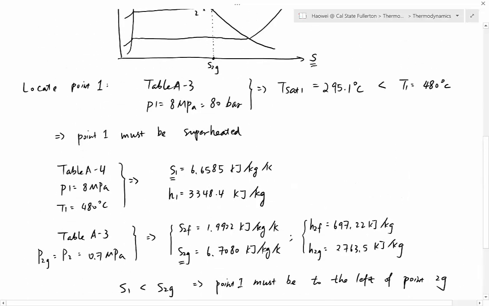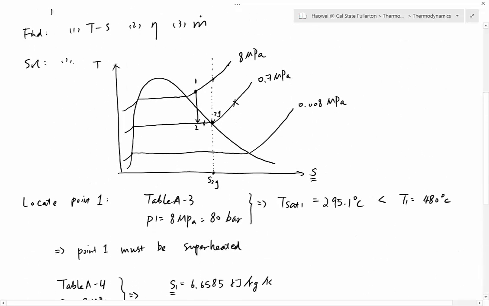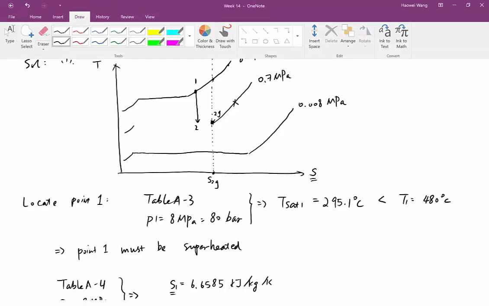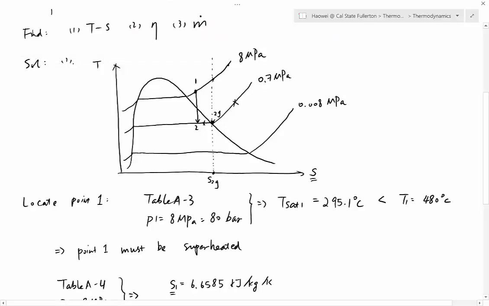Okay, so now let's go back to the diagram. All right, so now we know we must put number 3 to the right side of the vapor dome because we just proved number 3 must be superheated. So number 3 must be somewhere here. And be very careful.